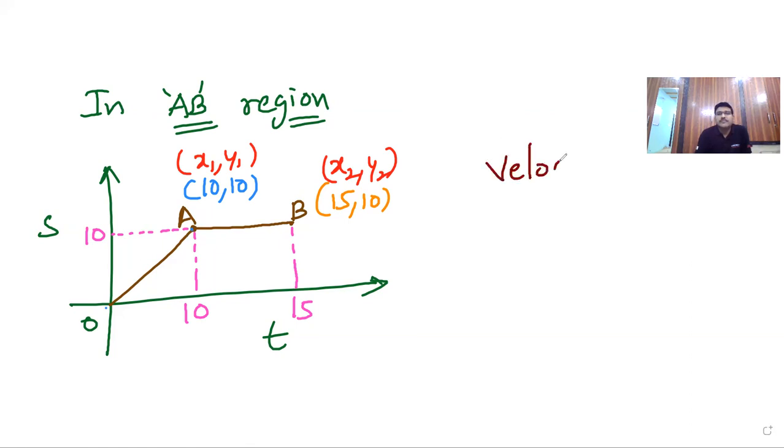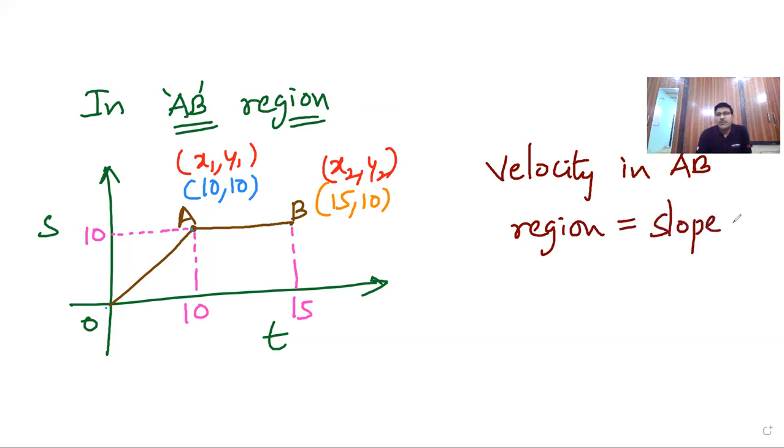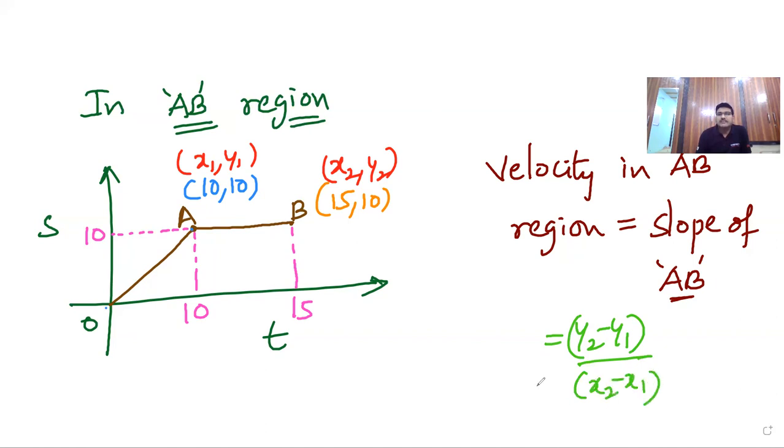So velocity in the AB region is nothing but the slope of AB on the displacement versus time graph. Clear? What is the slope of AB? Slope of AB is nothing but y2 minus y1 over x2 minus x1, the same mathematical formula. So this is v bar, velocity in the AB region.